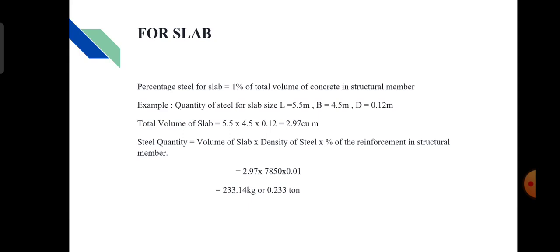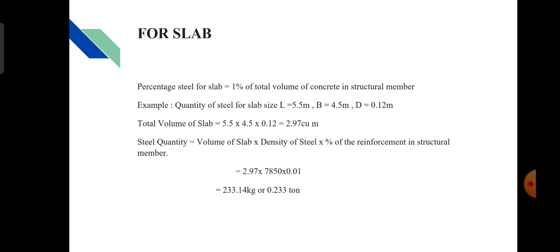If you multiply that, you will get 233.14 kg, that is nothing but 0.233 tons. So 0.23 tons of steel is required for 2.97 meter cube of slab volume. This is how we are supposed to understand it.